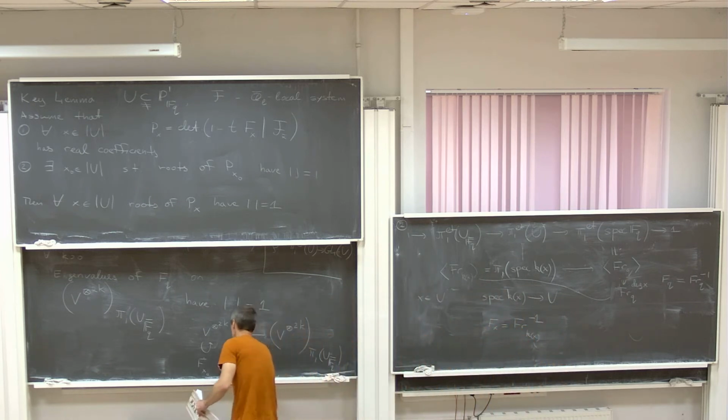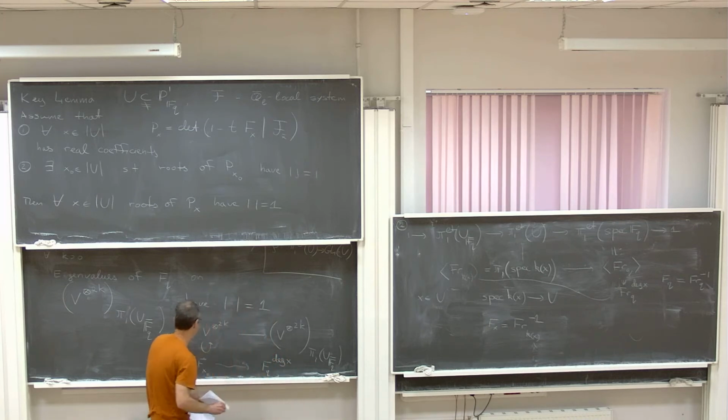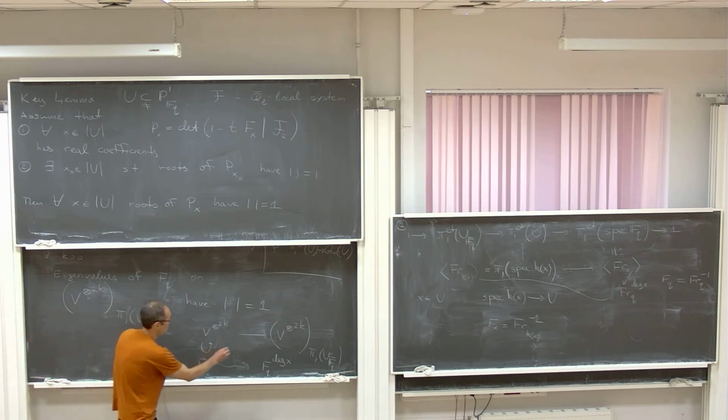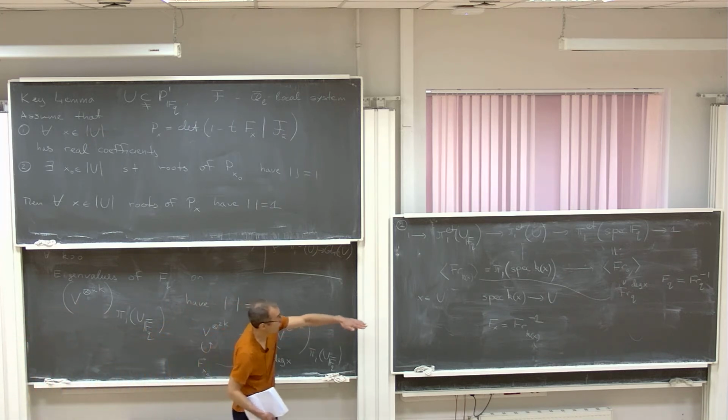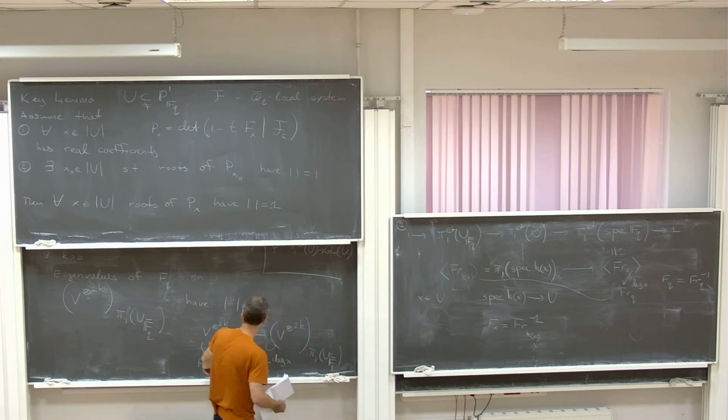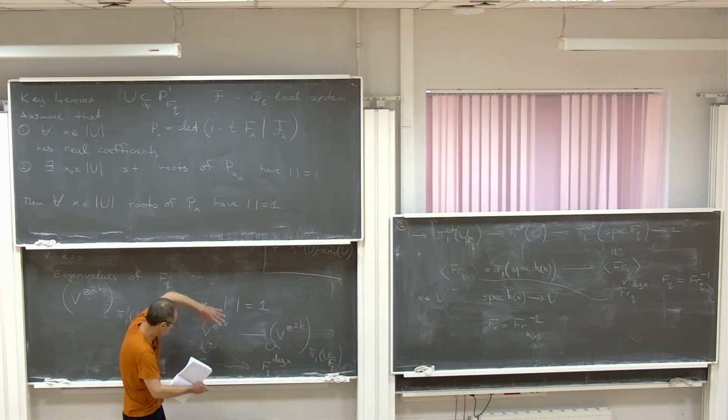So it goes to Frobenius q to the power degree of x. Again, on this space I have the whole action of the quotient group; on this space I have the action of the big group.